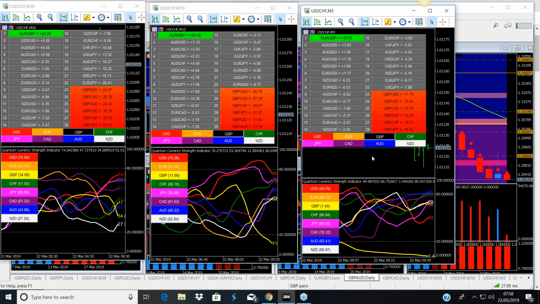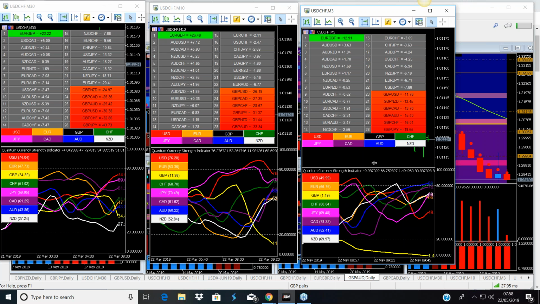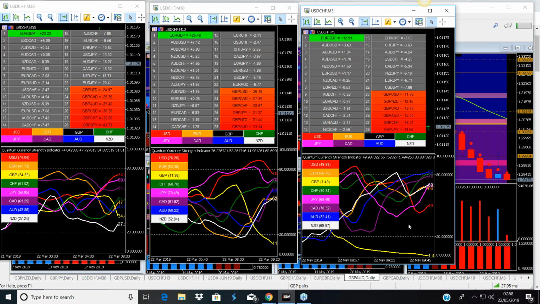And with the Aussie, of course, we had a similar situation at the weekend where the election result was totally against what the pollsters had been saying, and even the sports betting companies.